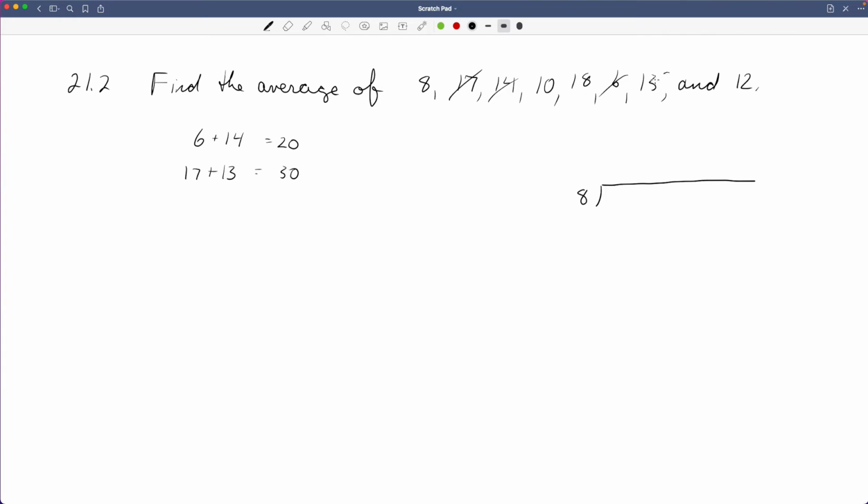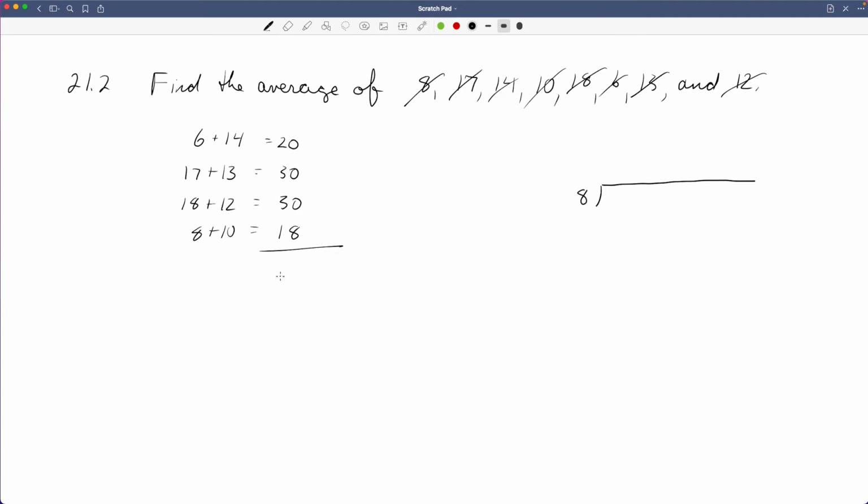That's that one and that one. I have 18 plus 12. That's 30. That's this one and this one. And then I have 8 plus 10, that's 18. That's the last pair. So that's 4 groups of 2, so that's 8 numbers.